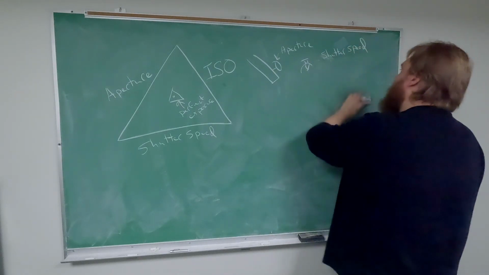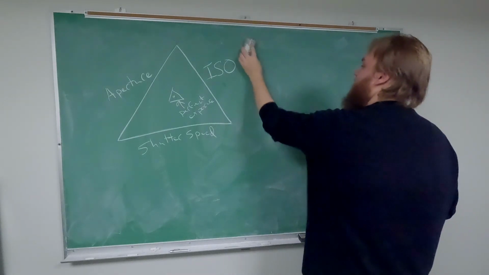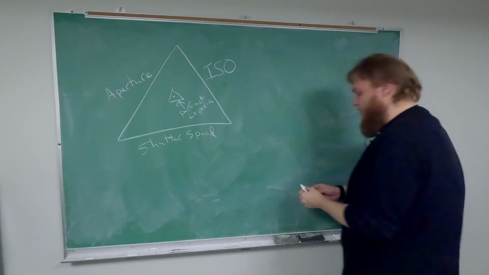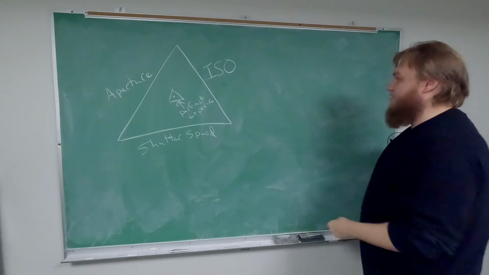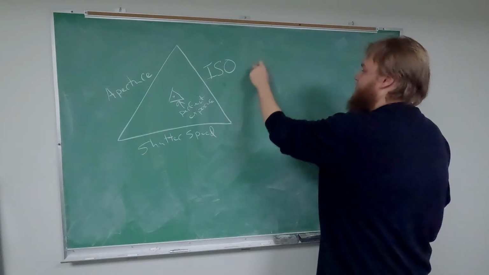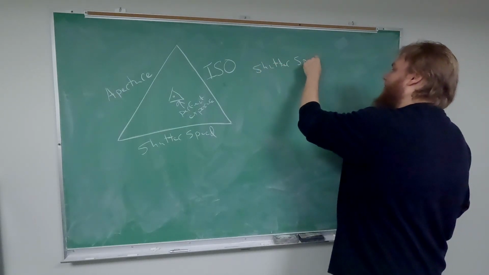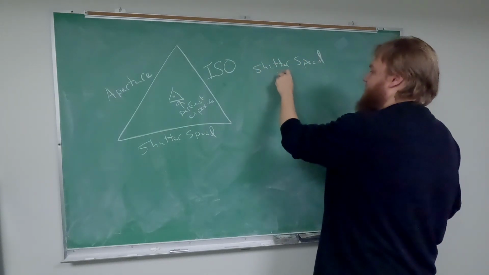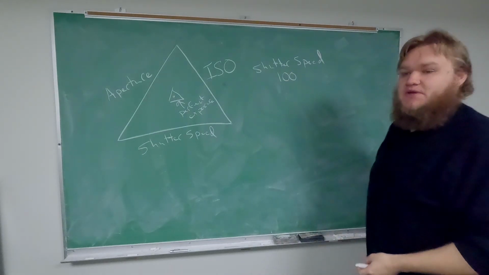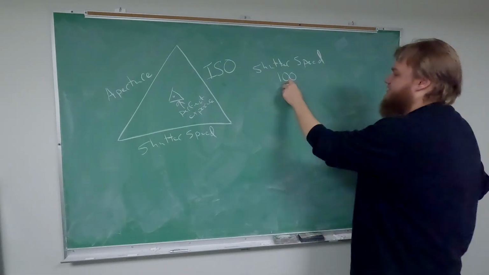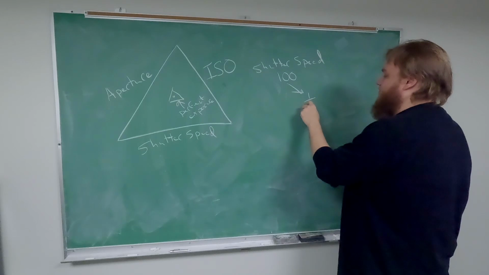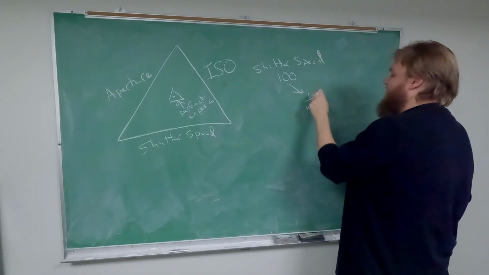So on your camera, you will typically see your shutter speed, for example. It's going to say something like 100. Okay, so this is what it looks like on your camera, but what this is actually is 1/100th of a second.